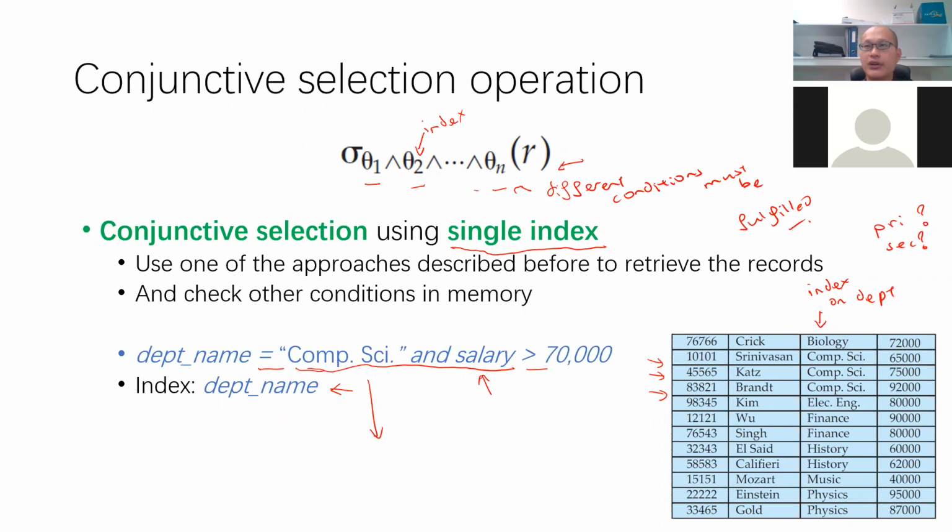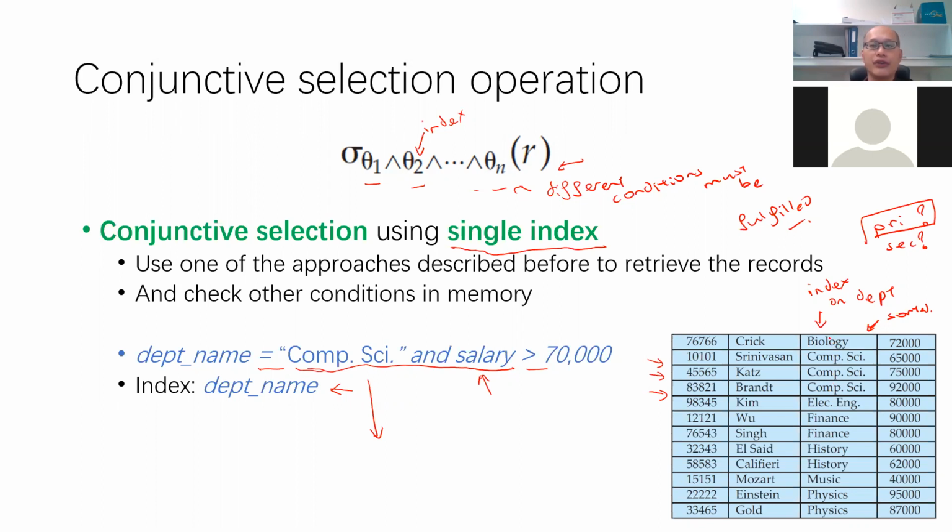The answer is primary, because this is sorted. If you're building this, this will be a primary index because it is sorted, regardless of whether it is a key or not, a candidate key or not.